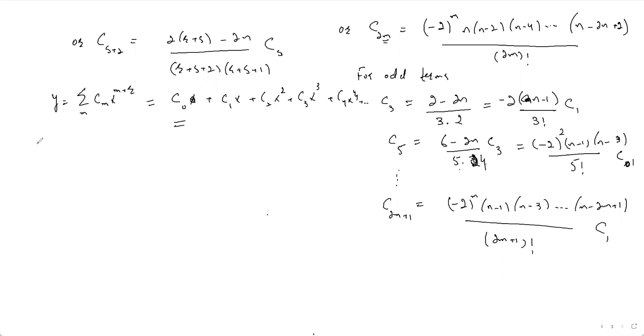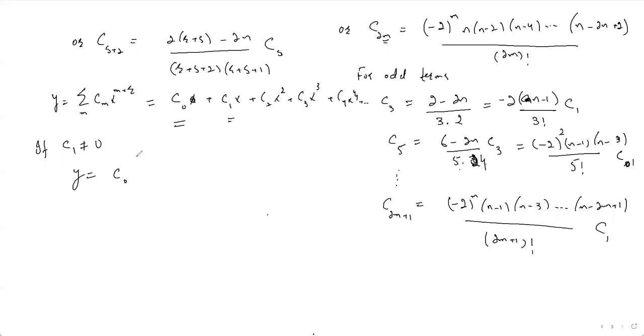So the solution will be, if C1 is not equal to 0, then our solution will include the terms with the odd coefficients C1, C3, C5. Let us write down the first even terms. It will be C0, with the coefficients that we have found, C2, C4.